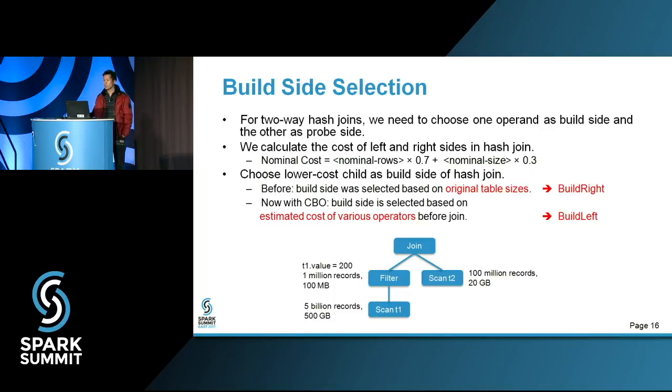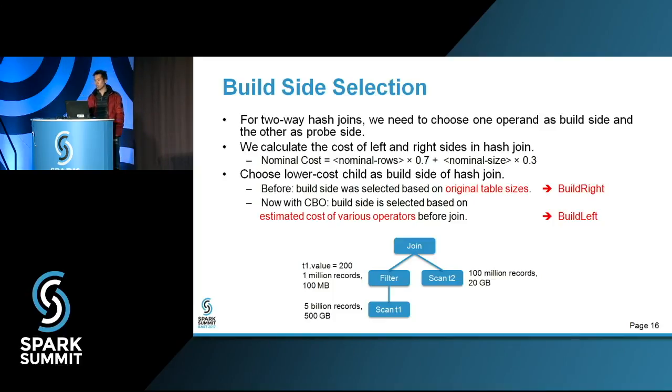For example, for a two-way hash join, we need to choose one operand as the build side and the other as the probe side. In Spark SQL, the decision is called build right or build left. At first, we calculate the cost of the left and right sides in this hash join. The cost is normalized, and it's a linear combination of normalized rows and normalized size.